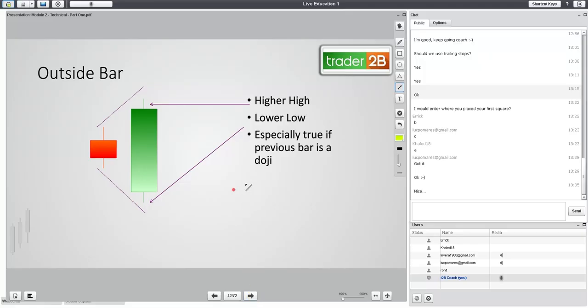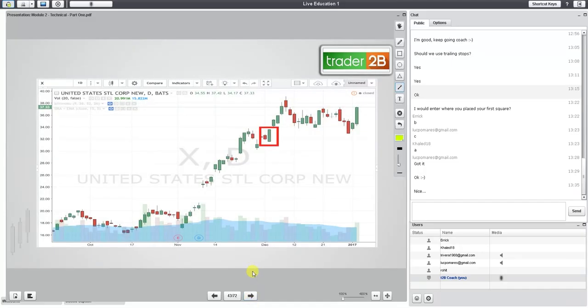Okay, so an outside bar is characterized by higher highs and lower lows, and it's especially true if the previous bar is a doji. Here is an example of that. Again, you have a very small, low volatility candle taking place, and then that's followed by a lot of action during the next day.